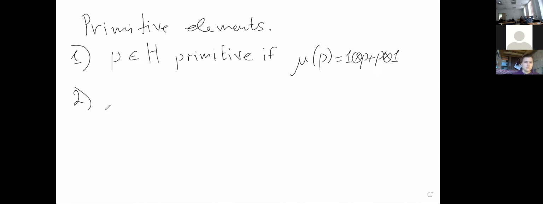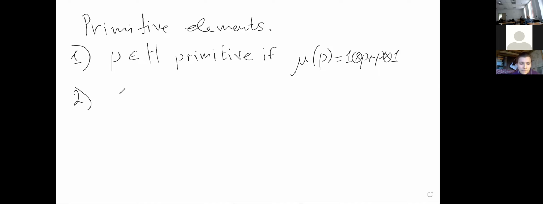Primitive elements are very important for us because there is the Milnor-Moore theorem which states that they and their combinations generate all the algebra. Maybe it's true not for any Hopf algebra, but in our case, this is true.